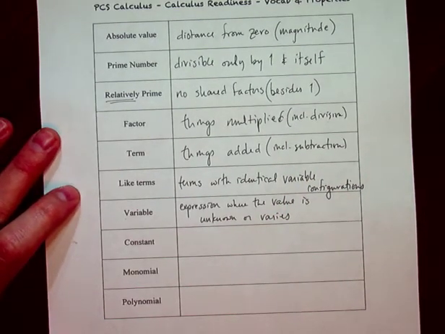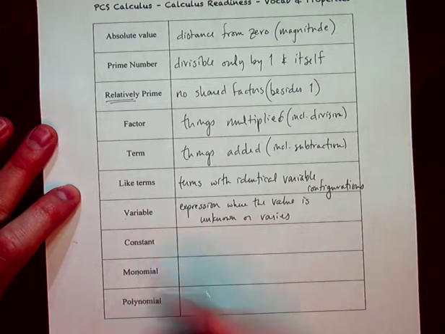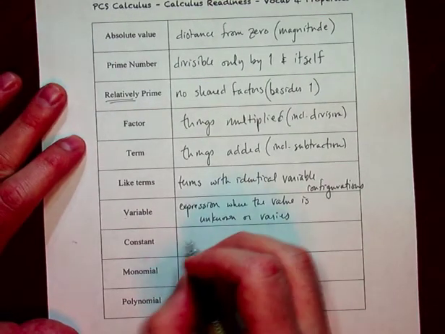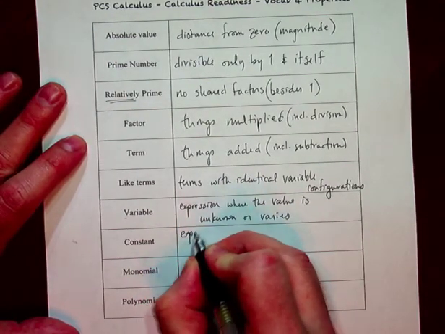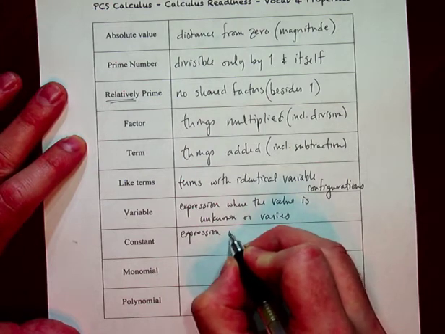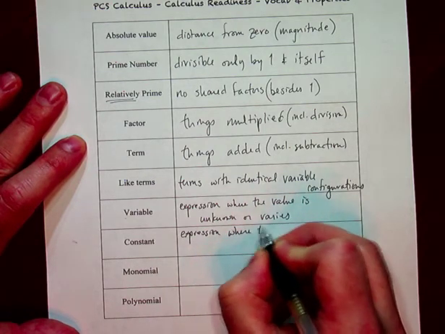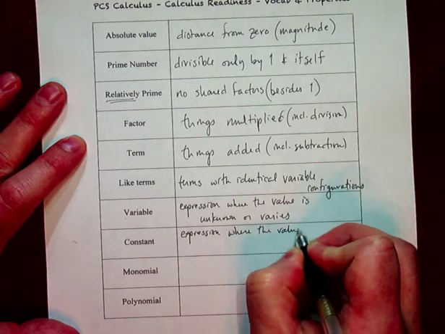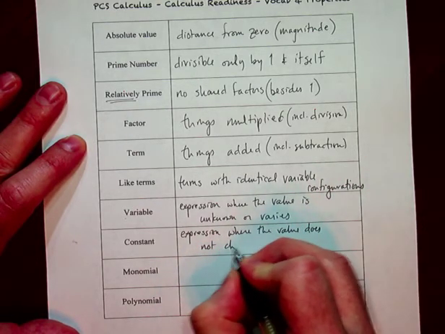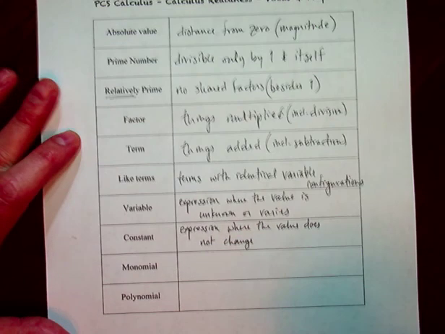Okay. Now, a constant is an expression that's constant. Man, it's almost like they name these things on purpose, right? An expression where the value does not change, and is known.